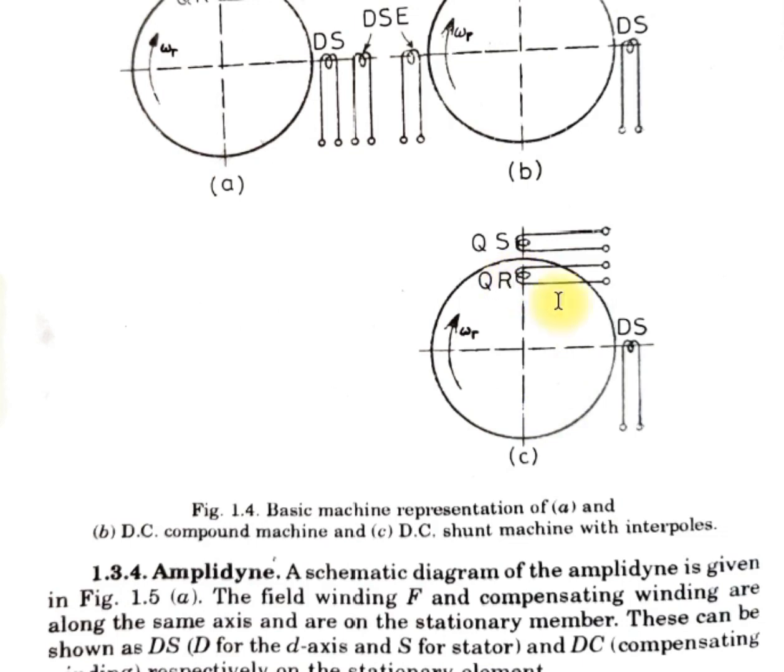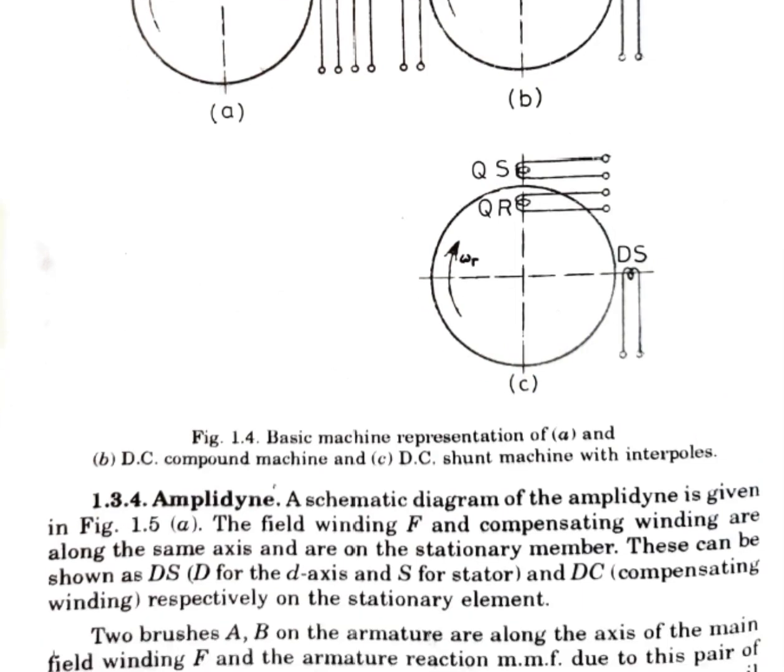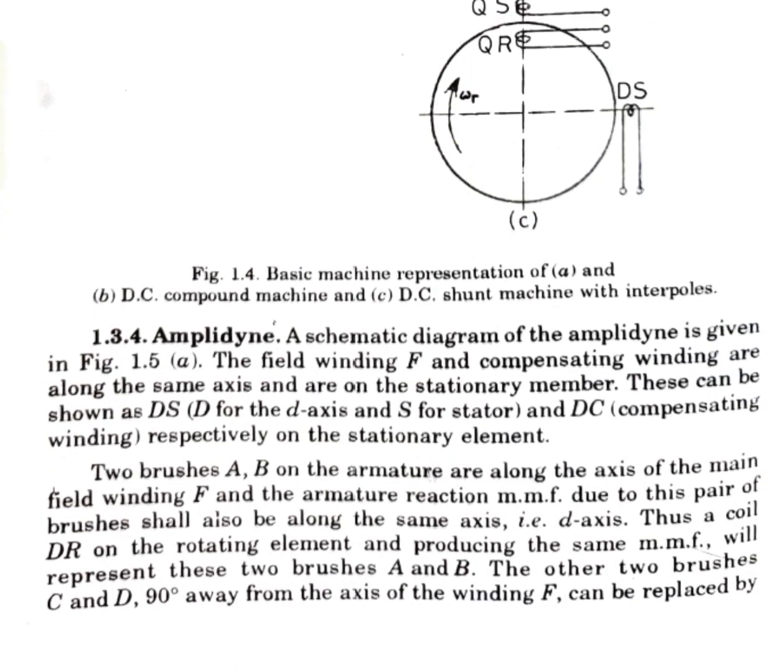So here, from the D axis, if we go towards the q axis, that is 90 degrees, and that is why qs is placed here on the q axis. So that is what was about the DC compound machines.